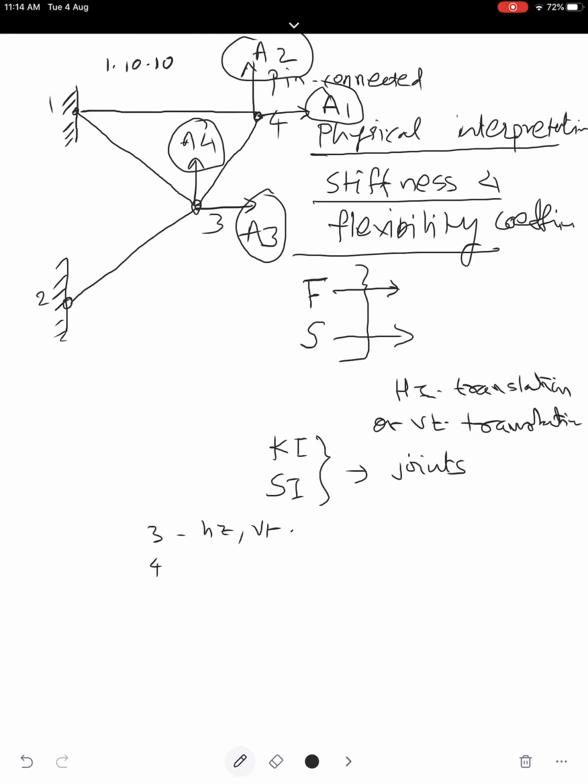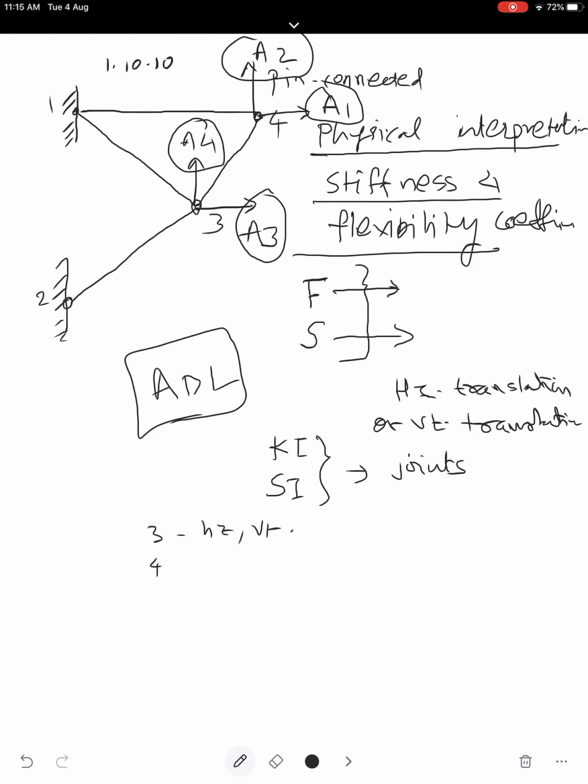In the stiffness method, we have learned ADL. So here we don't want to write the ADL matrix, it is not required. We want to write only the physical interpretation of the stiffness and flexibility coefficients, and that we will be able to obtain only by either applying unit load or applying unit displacement.